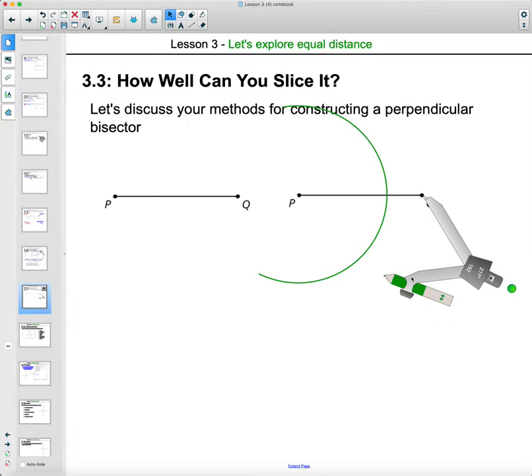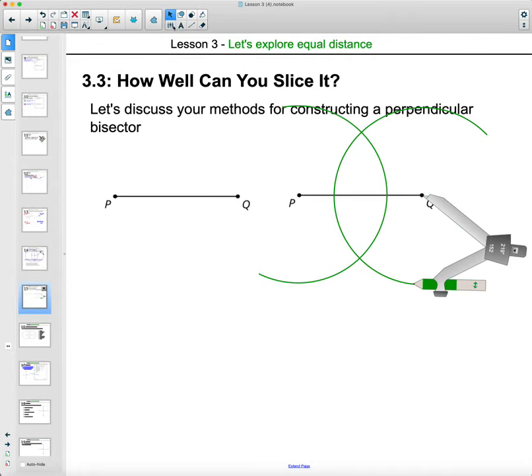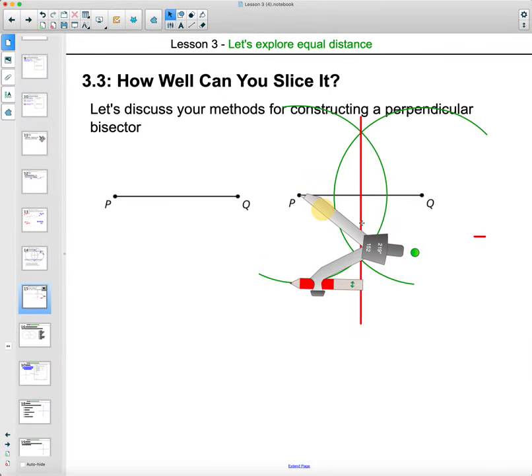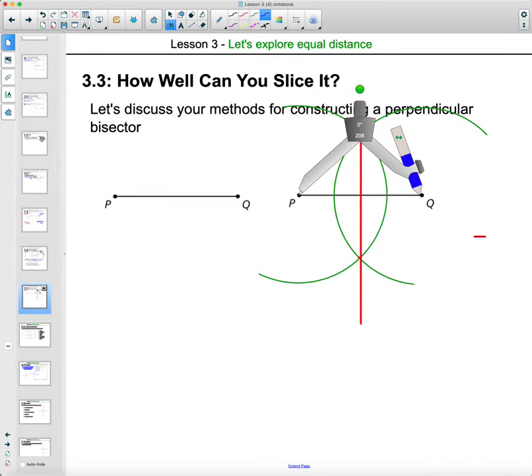So if we kept the compass setting the same, this still guarantees a point that's the same distance this far from P and Q, this far from P and Q. So this one would be fine. Still gives you the perpendicular bisector there. So if I had opened this up to full PQ like we did, let's see if it'll still get us the same thing.